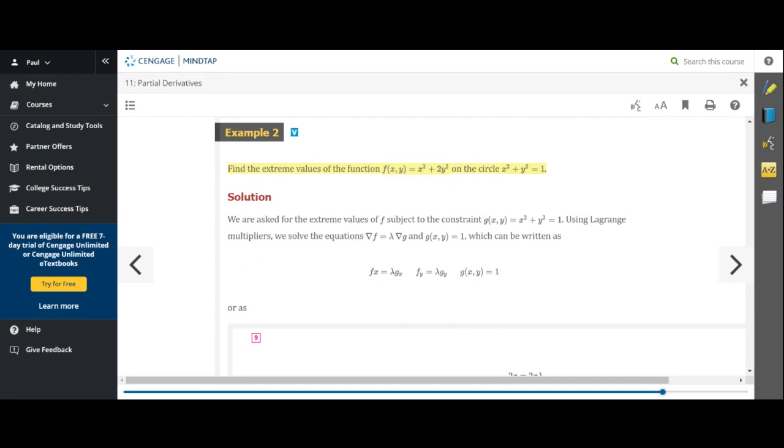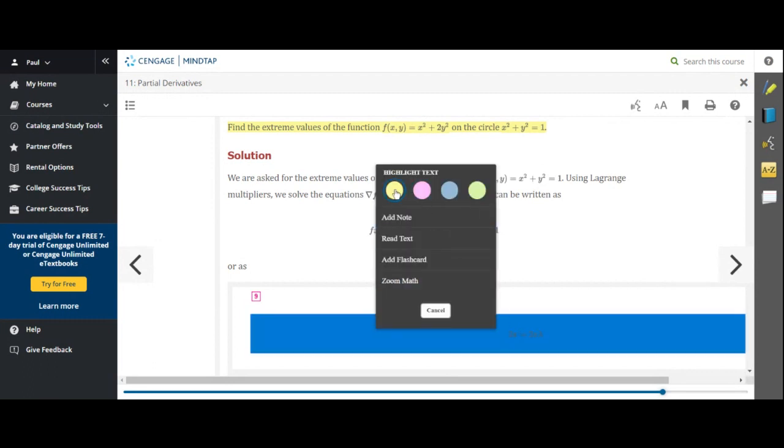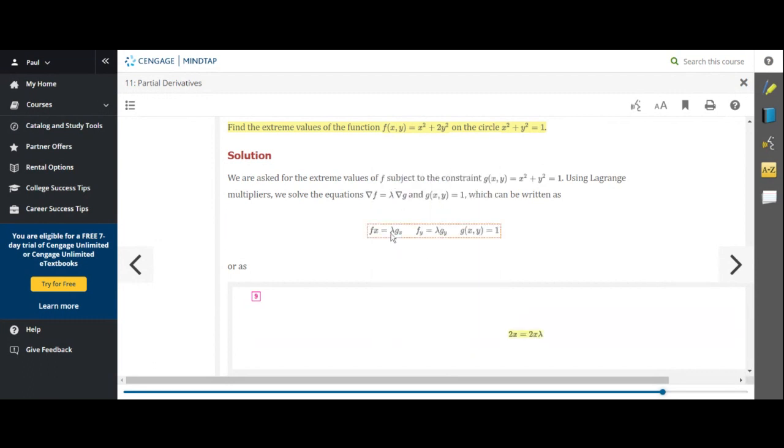So what you have to do, they write it their own way, but do you see that if you're going to satisfy this vector equation, then if two vectors are equal to each other, the components of the vectors have to be equal to each other.